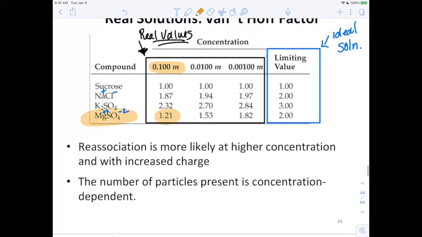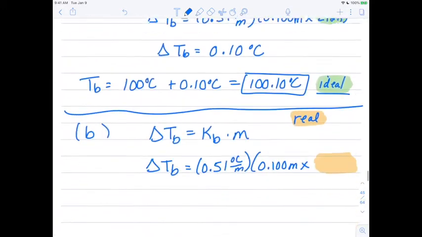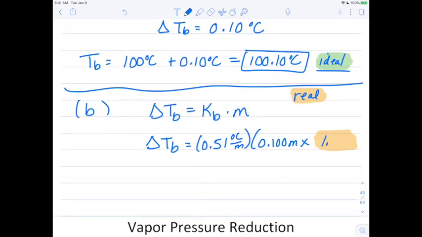So if it was an ideal solution, we use 2 because it should break up into 2, but in the real world it doesn't. 1.21, and it looks like Tasso found that value as well. Any questions about why for a real solution we would use this value here instead of this one over here? So 1.21 is the value that I use here.